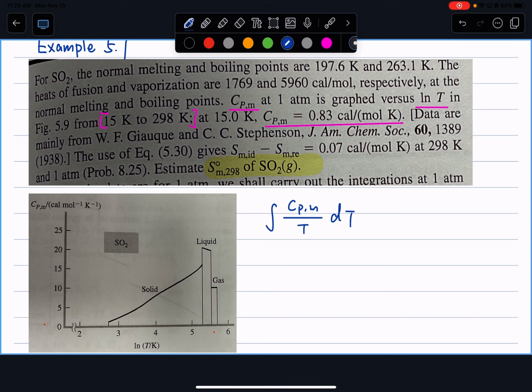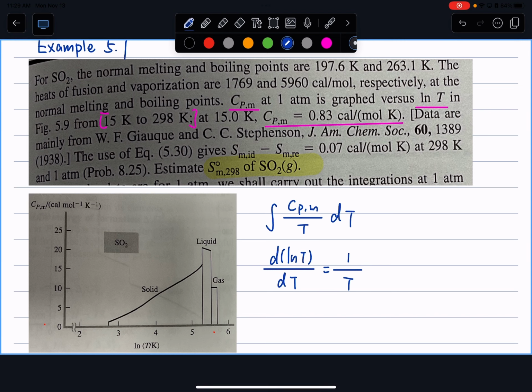By looking at it, the plot gives you the heat capacity versus the logarithm of temperature. So using calculus, we have d ln T over dT equals 1 over T.